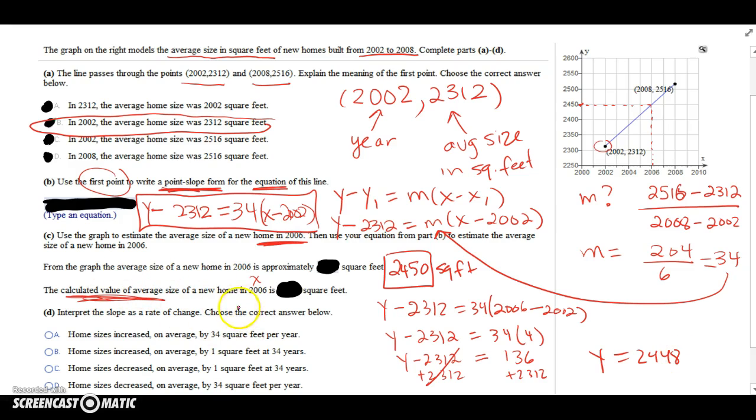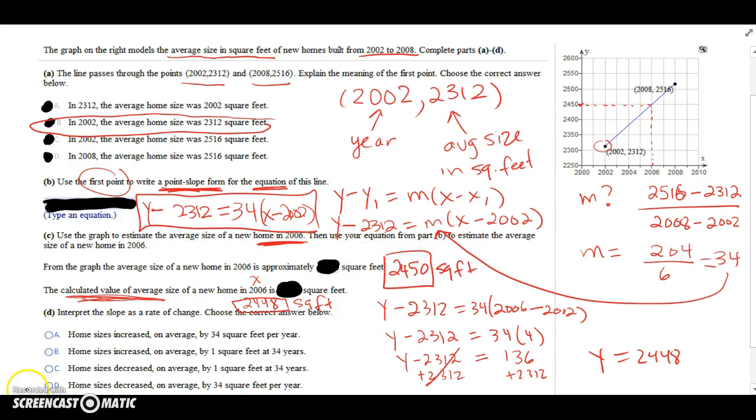So the calculated value from the equation is 2448 square feet. So the graph gave me 2450 square feet. By using my equation, which was approximating the line, I end up with 2448 square feet, which are pretty close in value.